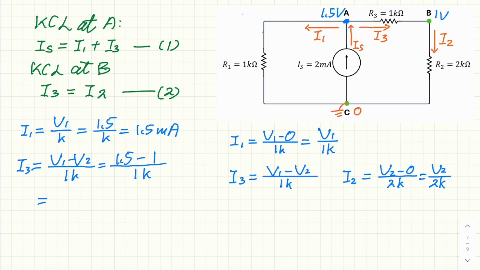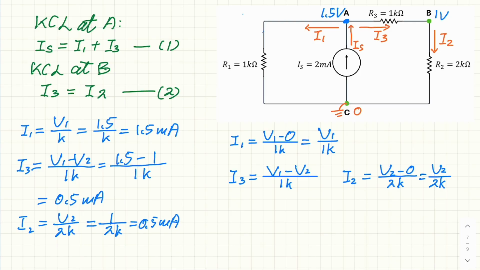So the answer is 0.5 milliampere. I2 equal to V2 over 2K. V2 is equal to 1 volt over 2K, and you get 0.5 mA. So remember, I3 must equal I2. So this agrees.